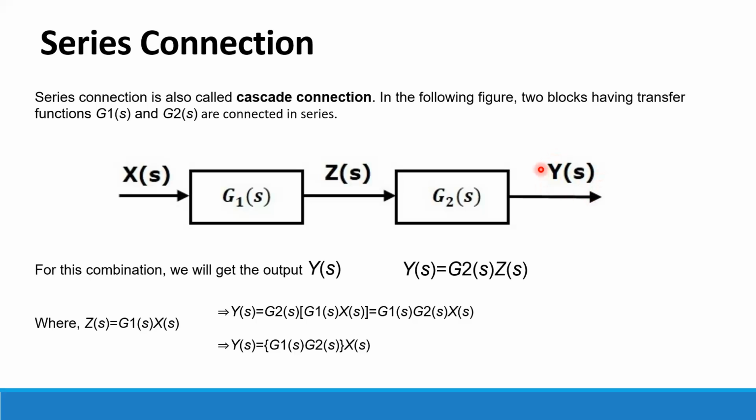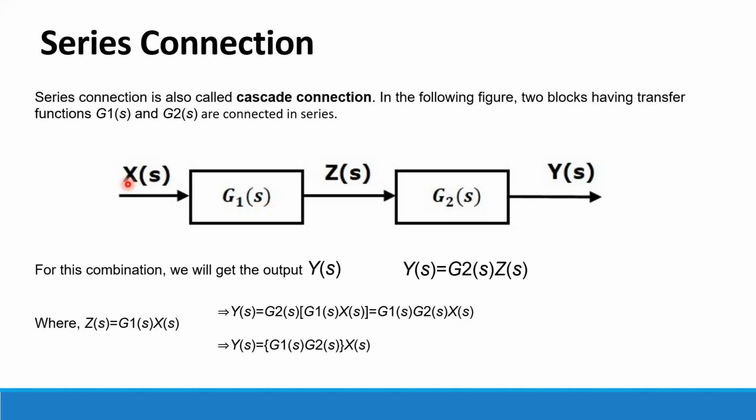How do you calculate it if it is a single block? If you consider this as a single block here only, your Y of S depends on gain multiplied by input. Your input is Z of S, your gain is G2 of S, so your output is G2 of S into Z of S. The input multiplied by gain is your output. So Y of S, you know it. Now you have to calculate Z of S. How do you get the value of Z of S? Again, input multiplied by gain or transfer function.